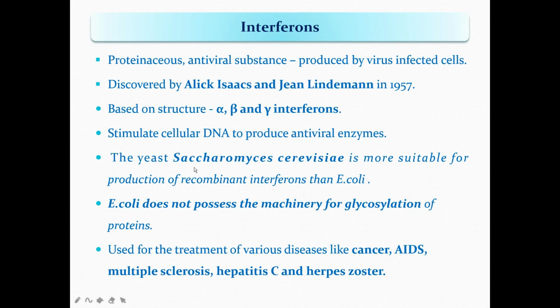The yeast Saccharomyces cerevisiae is more suitable than E. coli for the production of interferons by recombinant DNA technology, because E. coli does not possess the machinery for glycosylation of proteins, which is necessary for interferon production.